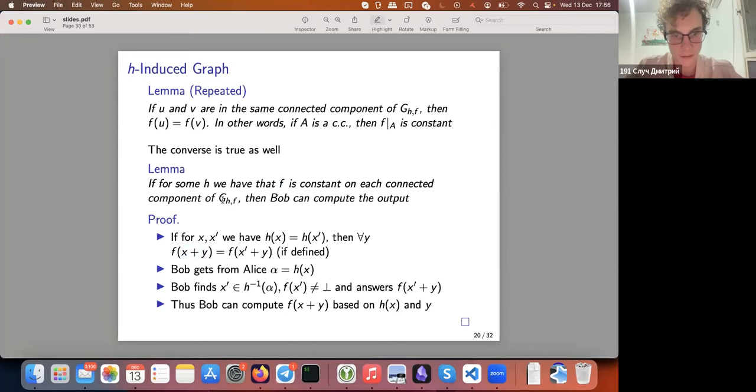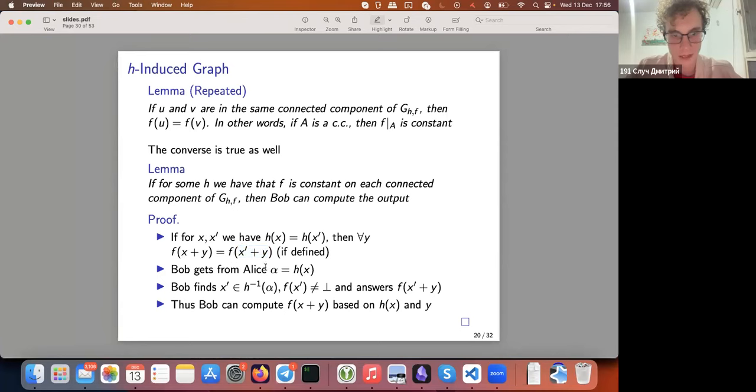That follows from the definition of the partial H-induced graph. If F is defined on these points, and here x and x plus x prime is a good shift, that means that these 2 points must be connected in the partial H-induced graph, and because of the statement of the lemma, that means that these values must be equal.